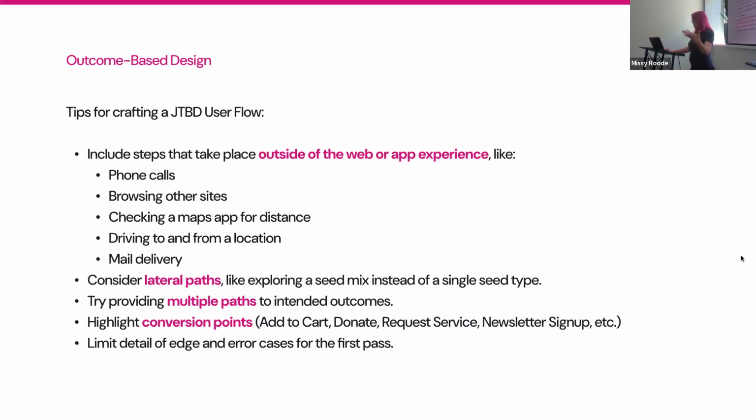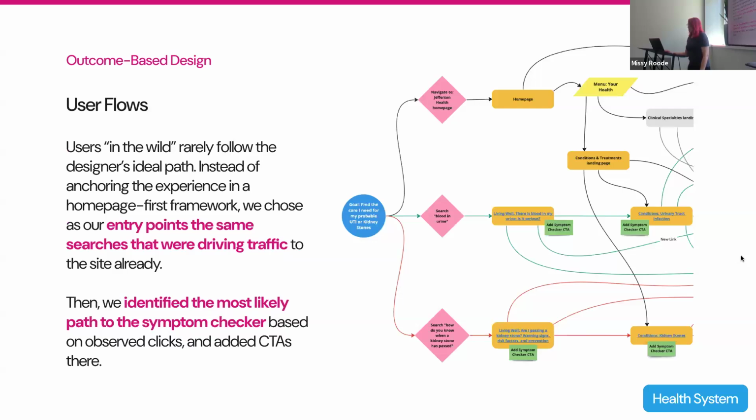Not everyone follows the same path, and so they need multiple opportunities to ultimately reach their outcome. And highlight conversion points. This includes micro conversions, like newsletter signups, which gradually help people become more invested and then ultimately convert and become a sale. And I always recommend limiting the edge and error cases for your first pass.